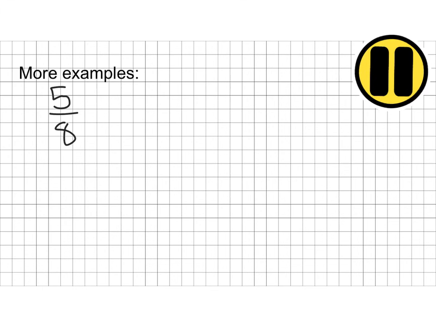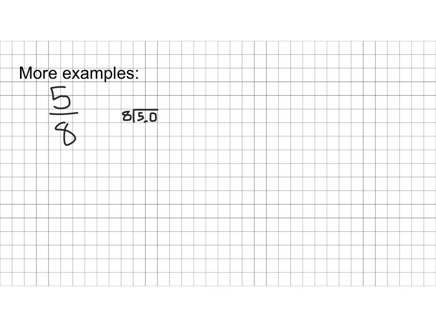Figure out what that decimal equivalent is. All right, so here we make sure to put that decimal in the correct spot, just right after the 5. And hopefully your work turned out to give you 625 thousandths, or 0.625.